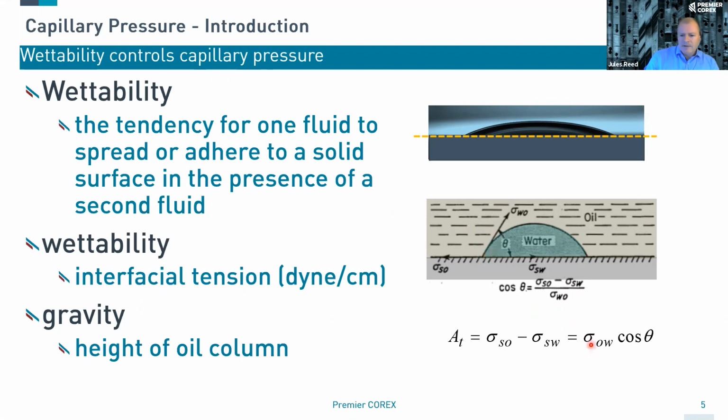The balance of all the forces is given by sigma cos theta. In the presence of oil, generally we use a contact angle of about 30. So we have the interfacial tension between oil and water times the cosine of 30, which gives us the force with which water is sticking to the surface.